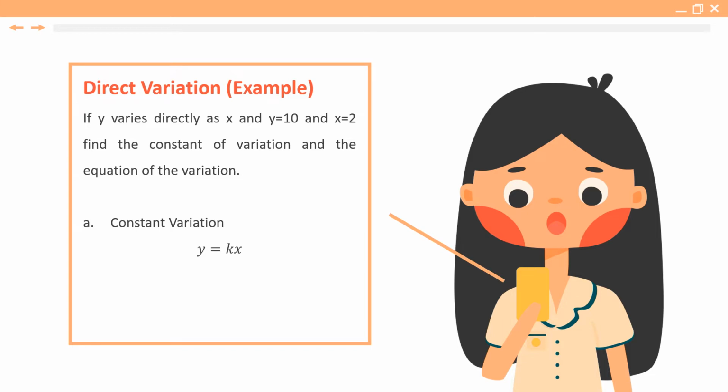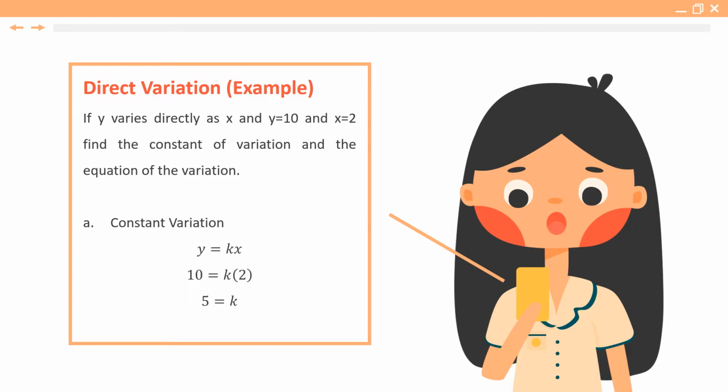So we have y is equal to kx. We just substitute the value of y, which is 10, and the value of x, which is 2, to find our k, which would give us 10 is equal to k times 2. Simplify, our k would be equal to 5.